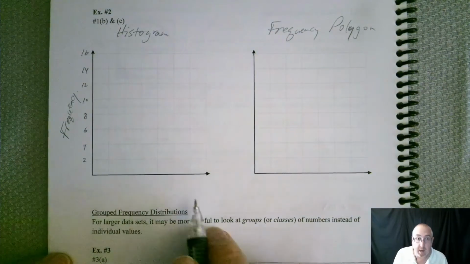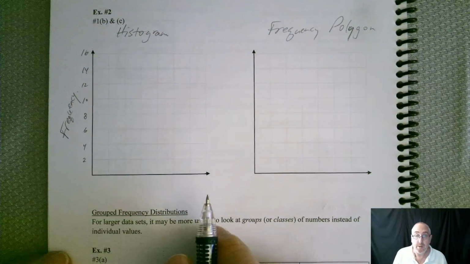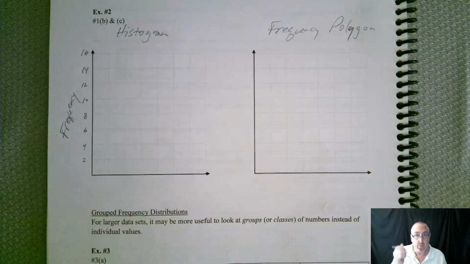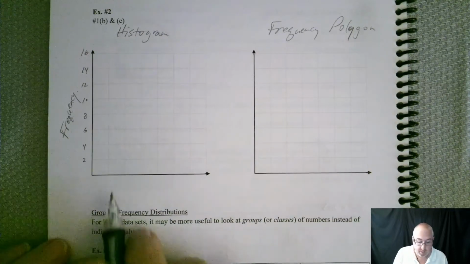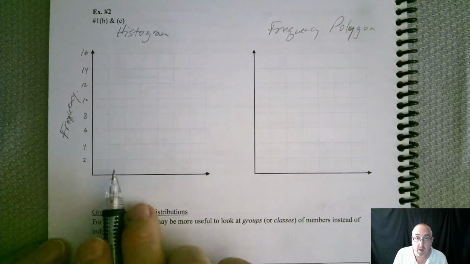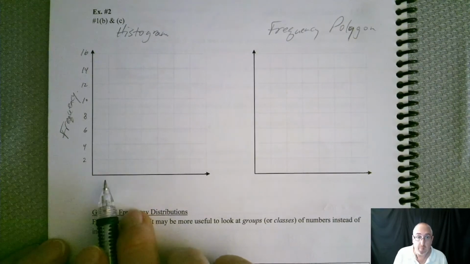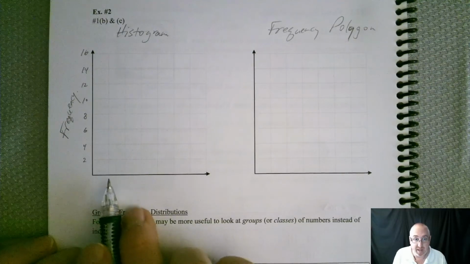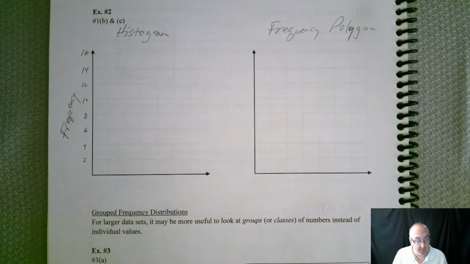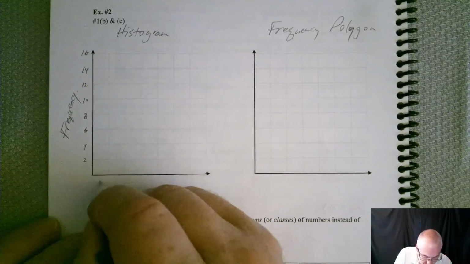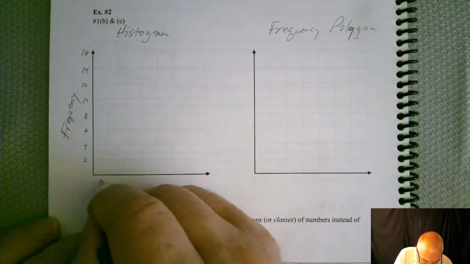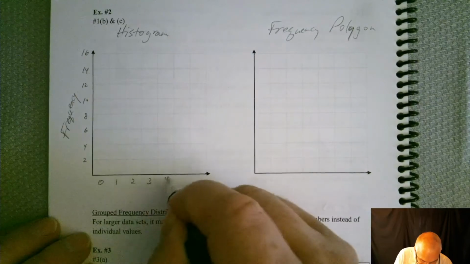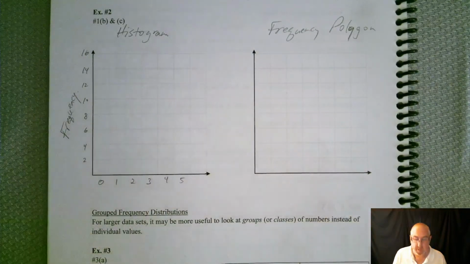Now, across the bottom, we want our different values. Remember, the values were from 0 to 5. Because we want to create bars for our histogram, we're going to put the labels in the spaces, not underneath the edge. So it's kind of particular when it comes to doing this. So 0, 1, 2, 3, 4, 5.